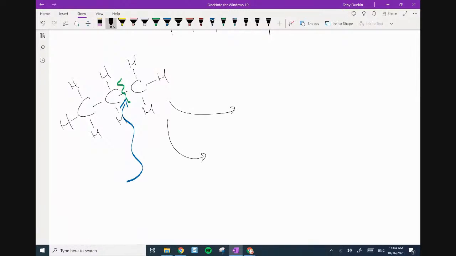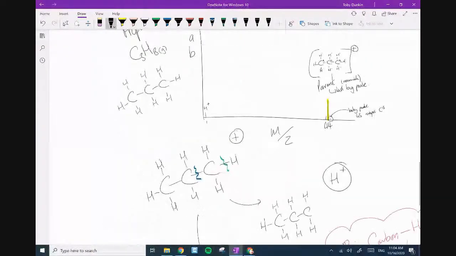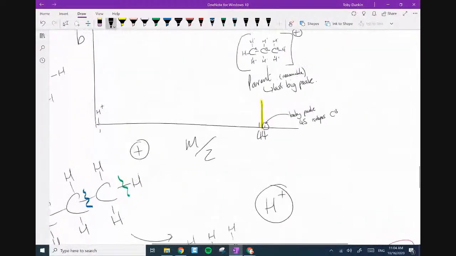I'm going to make two things. I could make CH3+, and the plus would be on the C. And the other half would be the rest of it, uncharged. The electron that was left went away with this one. The dot there is the electron left behind, and that's uncharged. And what I will see is a peak at 15. This is called a methyl peak.